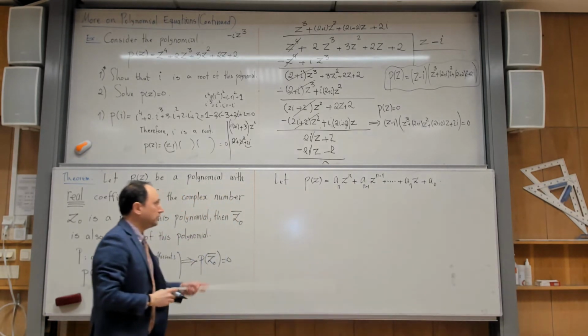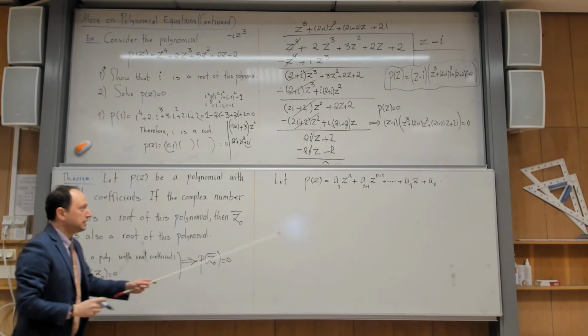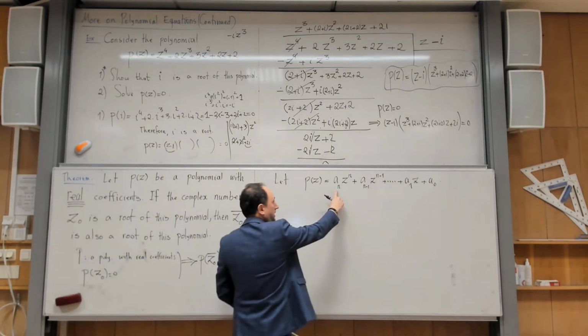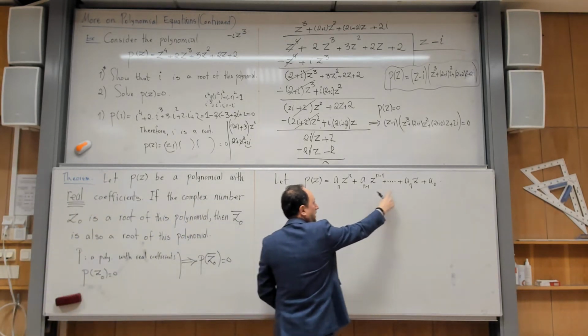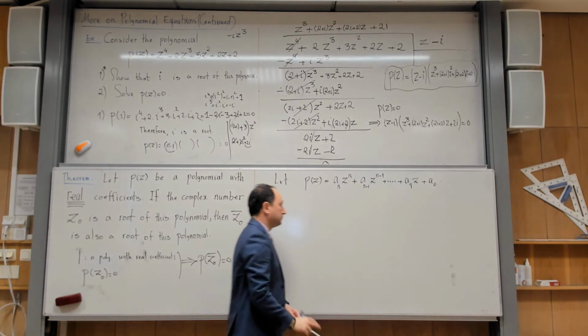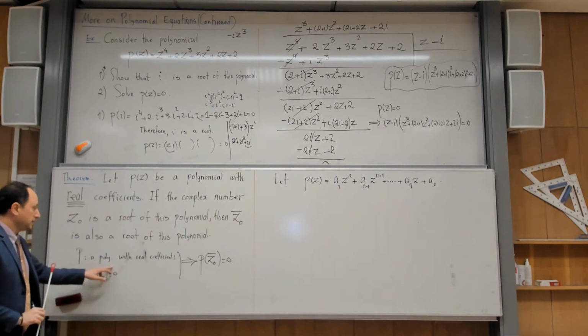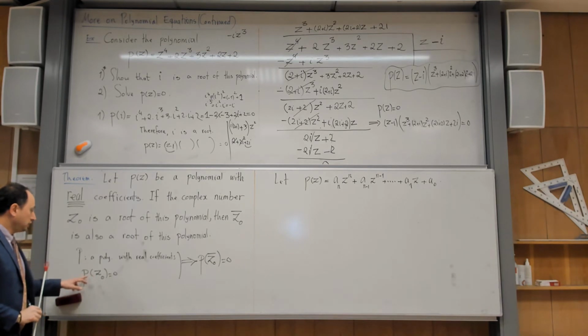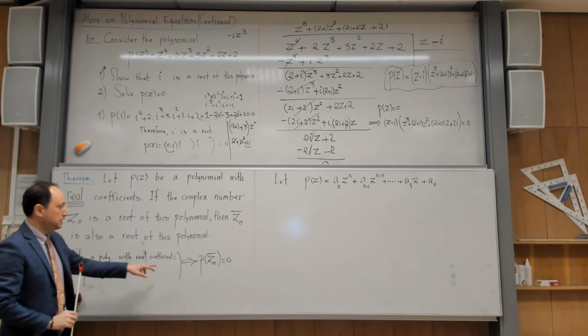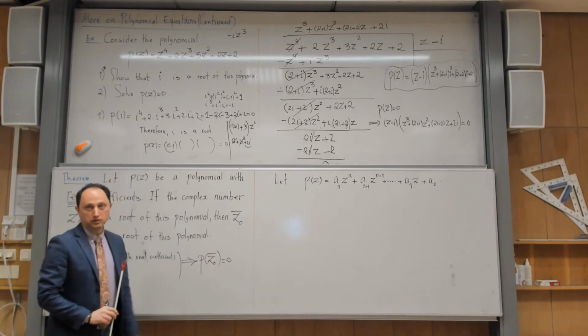So what we know about this polynomial is that these numbers a_n, a_(n-1), a_1, a_0 are real. And we know something more: we know that P of z naught is 0. We want to show that P of z naught bar is also 0.